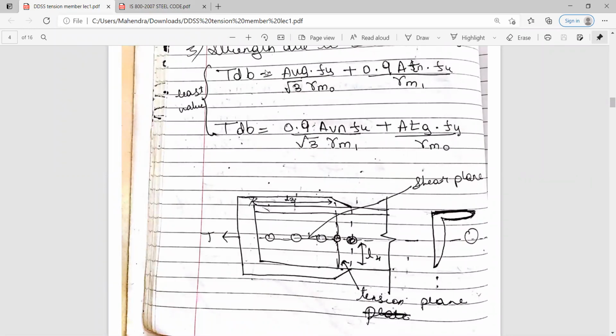The outer part is your gusset plate and the inner one is your angle section, connected with bolted connections. The bolts are provided here.